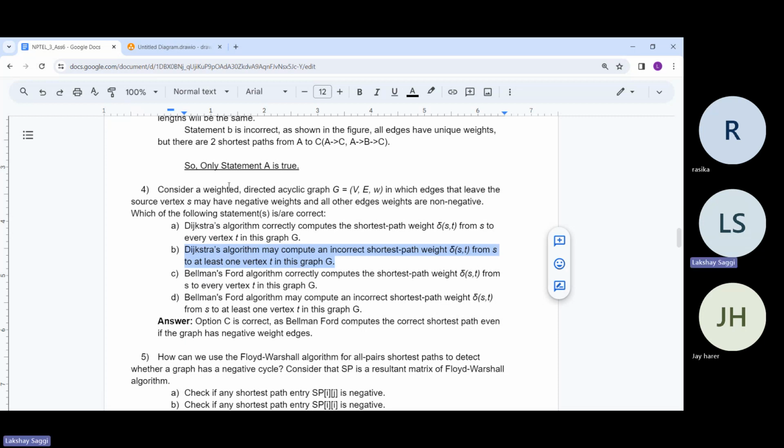But the problem here, the negative weights have a special structure, that negative weights can only be for the edges which are leaving the source vertex. And for all other edges, weights are actually non-negative. So do you still think that Dijkstra will compute incorrectly, or will it give correct?